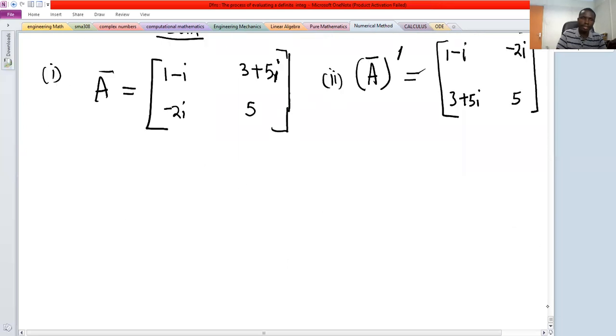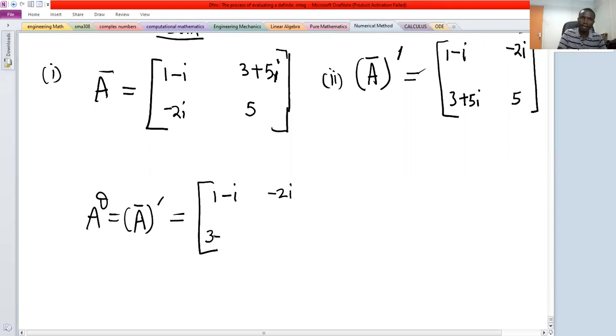Now, part 3: A power theta is the same as the conjugate of A transpose. So we'll have 1 minus i, minus 2i, 3 plus 5i, and then 5. So that's what we have.